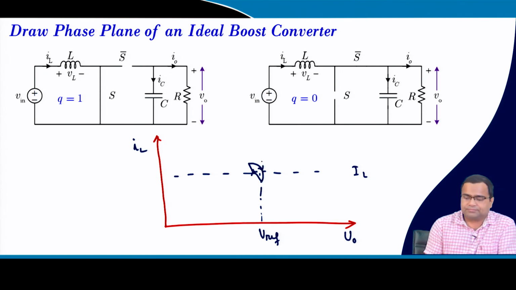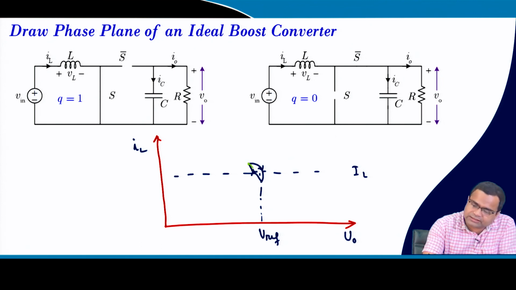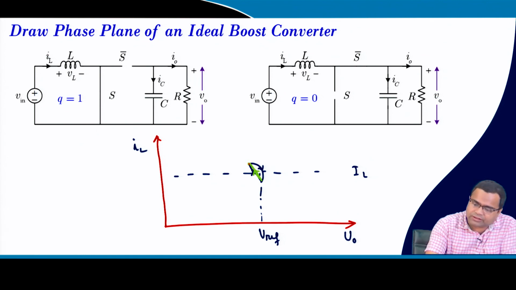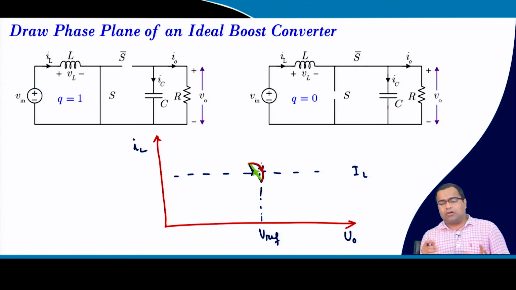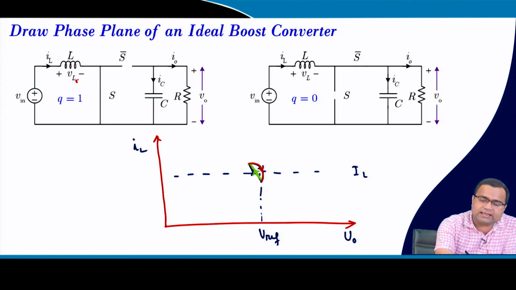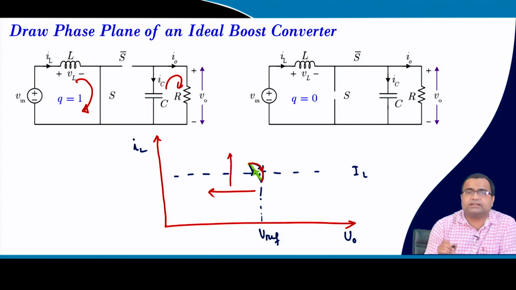If I draw using different colors, this is the color when the switch is on and this will be the color when the switch is off. During switching on the voltage will fall, because in this circuit the current will continue to increase and the voltage will decrease. So the current will increase in this direction and the voltage will decrease in this direction.